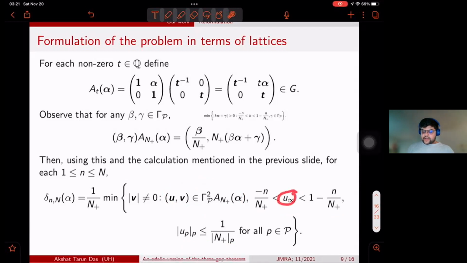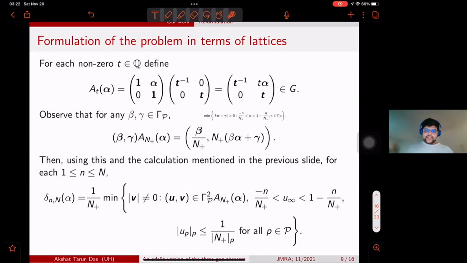If you see, this is the real component, and these are all the components of u in the places indexed by the primes P. So we use these restrictions to get a particular collection of lattice points, and this is basically giving you a particular strip. Once you have this collection of lattice points, you take the absolute value of the second component and then take the minimum of that. That is how you are redefining the nearest neighbor distance in terms of this lattice.